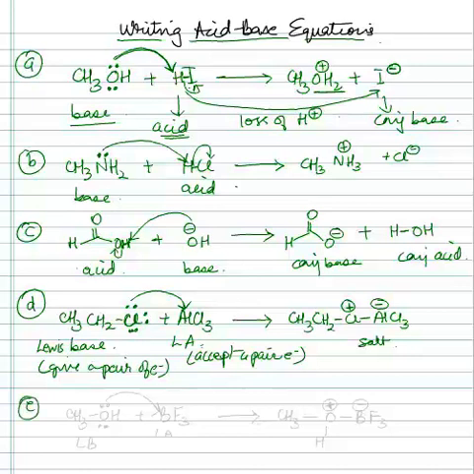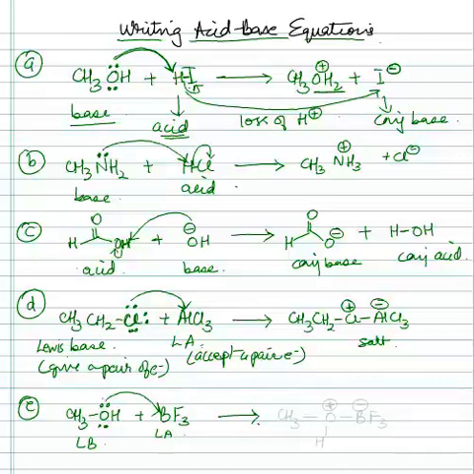Let's do another one. Here we have CH3OH plus BF3. Again, BF3 comes from group 3, so that is the Lewis acid, and the alcohol is the Lewis base. The oxygen of the alcohol has the lone pair of electrons. It goes to boron, and this shows either a transfer or forming a new bond.